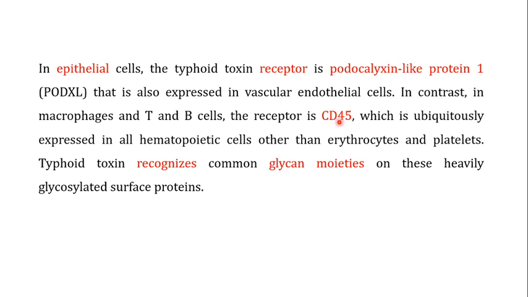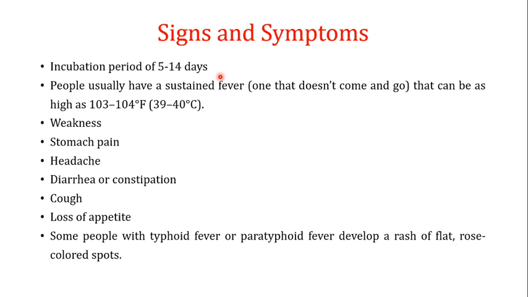Similarly in CD45, there are glycan moieties, and those glycan moieties are recognized by this typhoid toxin, and when they recognize it, they are going to interact with each other, causing the condition of diarrhea.